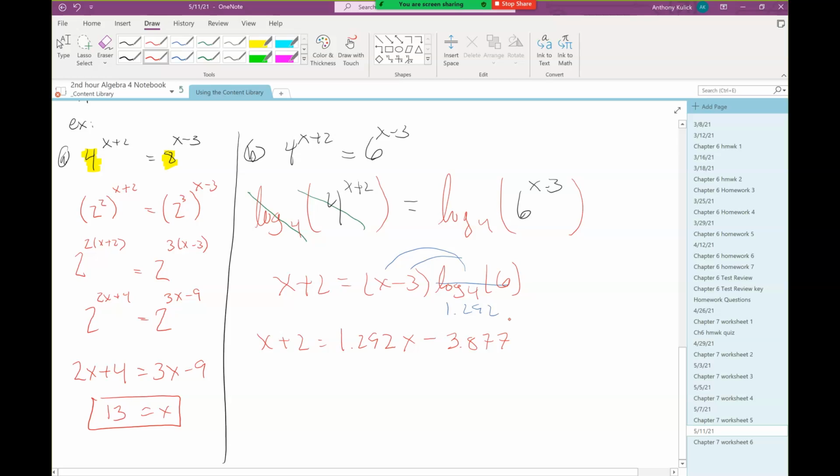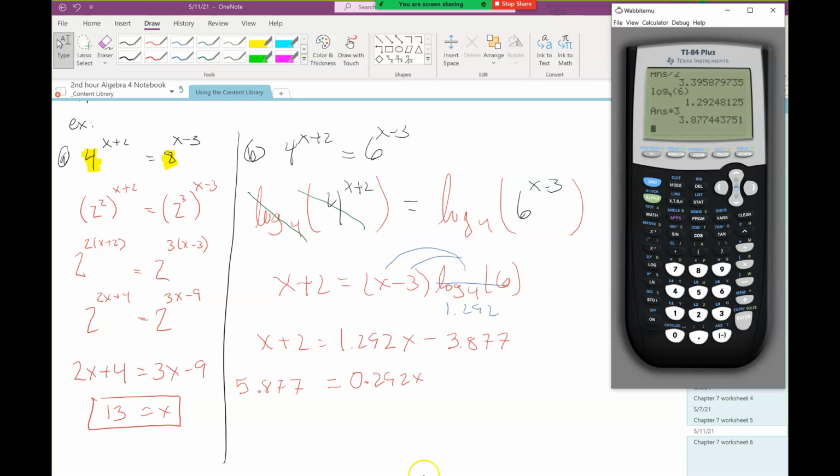And now this is a pretty easy problem, right? I'm going to subtract x from both sides. That'll give me 0.292. And then add 3.877 to both sides. That gives me 5.877. And then we'll just divide both sides by 0.292.